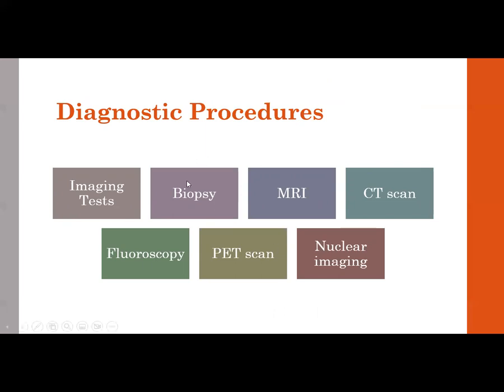So all that stuff that we talked about before with our normal versus benign versus malignant, it comes back to that biopsy where we take a portion of the tissue, look at it under a microscope and determine, does this look the way it should? Our MRIs, our CT scans, our fluoroscope, our PET scans, and our nuclear imaging.